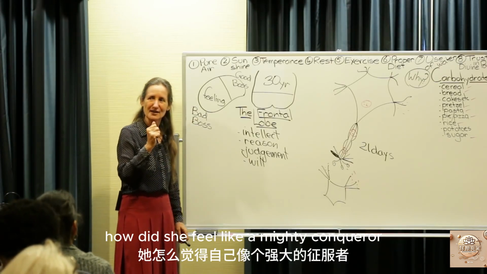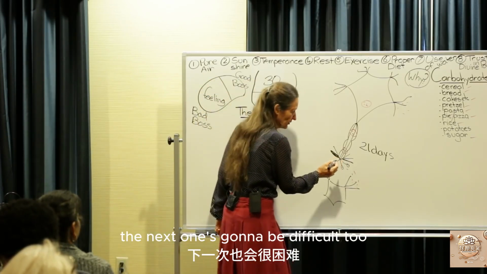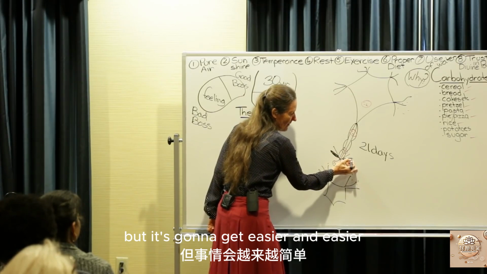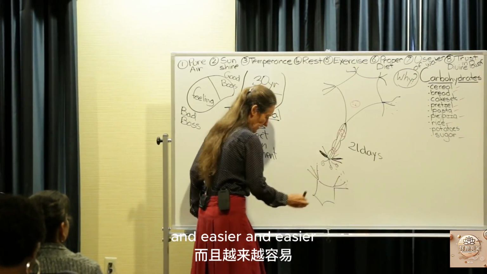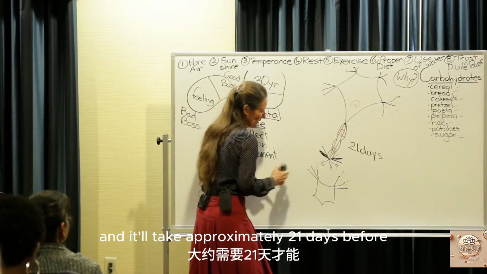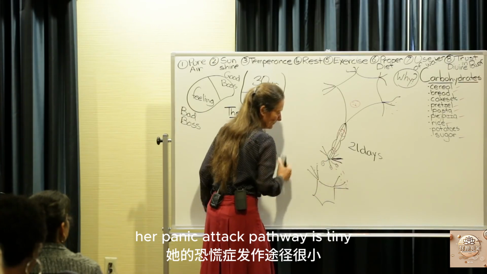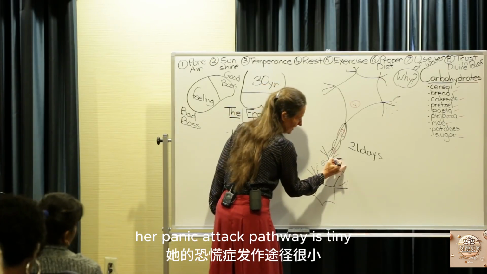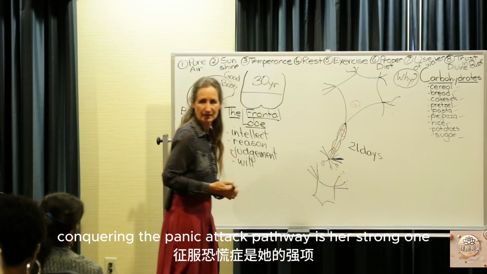Like a mighty conqueror. The next one's going to be difficult too, but it's going to get easier and easier, and it'll take approximately 21 days before her panic attack pathway is tiny and her conquering the panic attack pathway is her strong one.